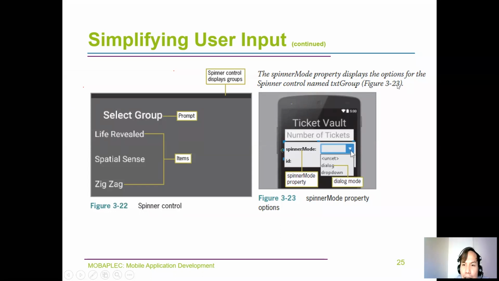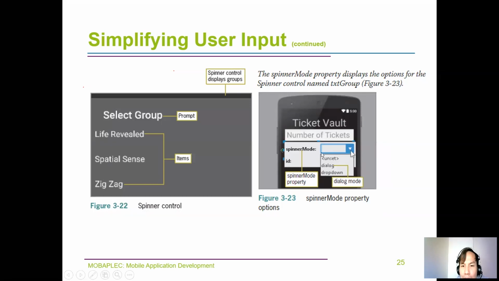Then in figure 3-23, the spinner mode property displays based on the option of the spinner control, which is the name text group. We already named that as text group. So all you have to do is modify that based on the layout.